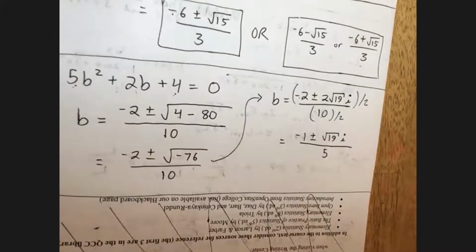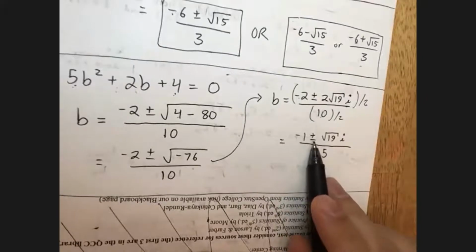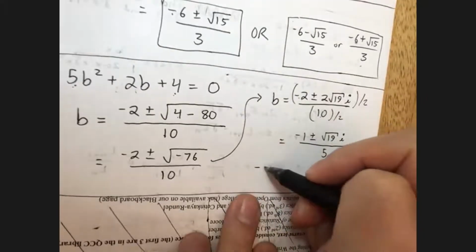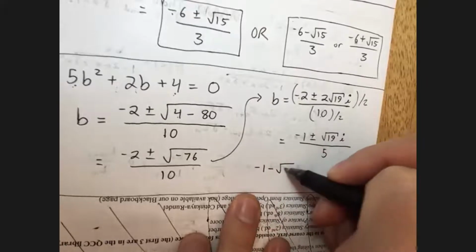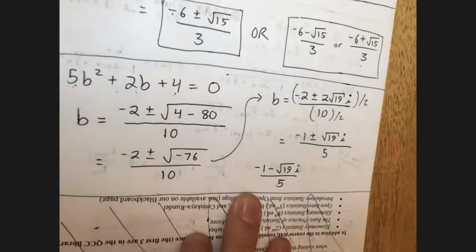Okay, so that is the answer, and a lot of times people will write it like that, but on My Open Math, they want you to write the individual answers separately. So we're going to take the two answers. The negative one where we subtract, that's negative 1 minus root 19i over 5.